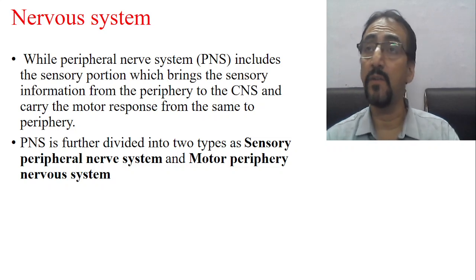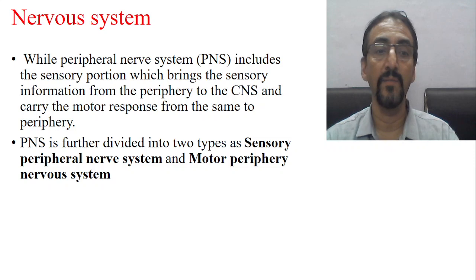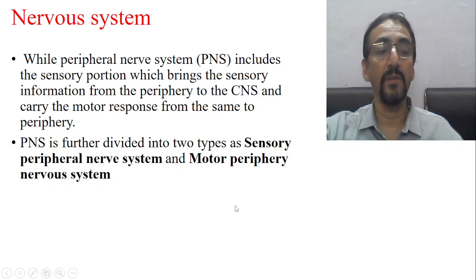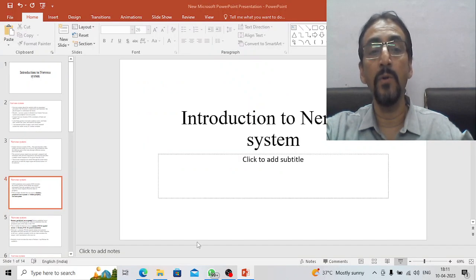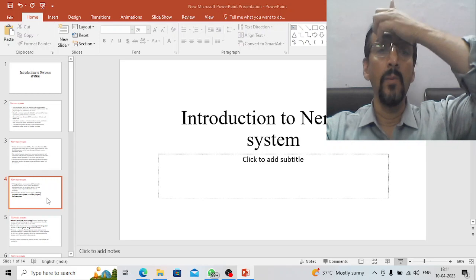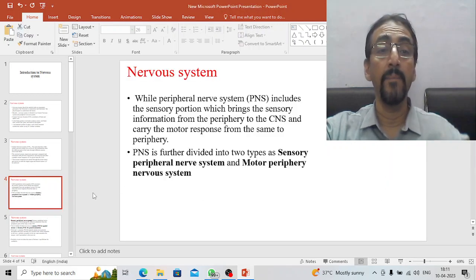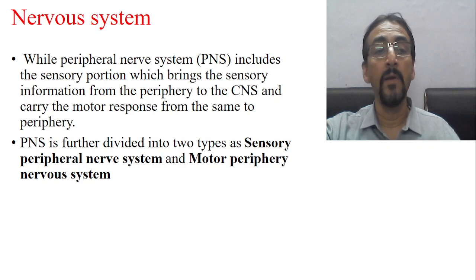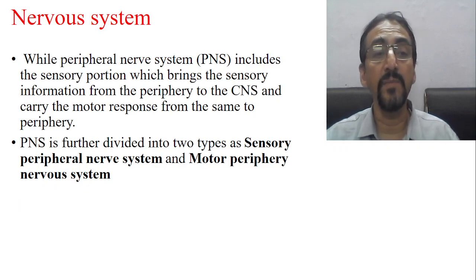Now this peripheral nerve system is again divided into two parts.